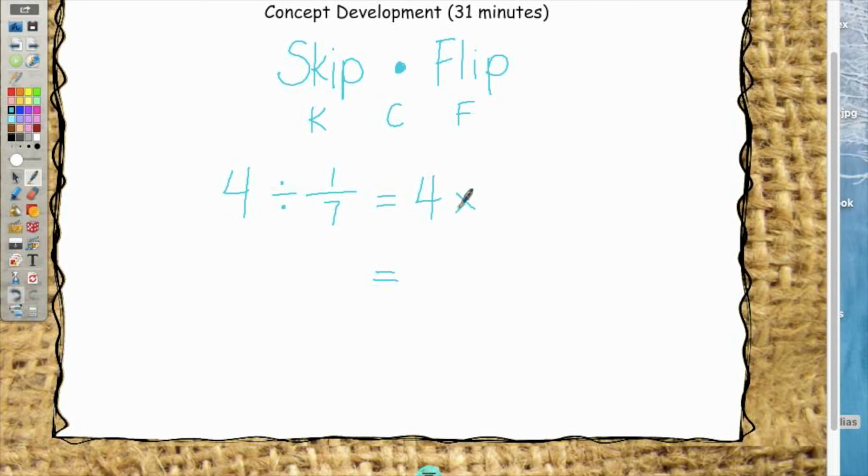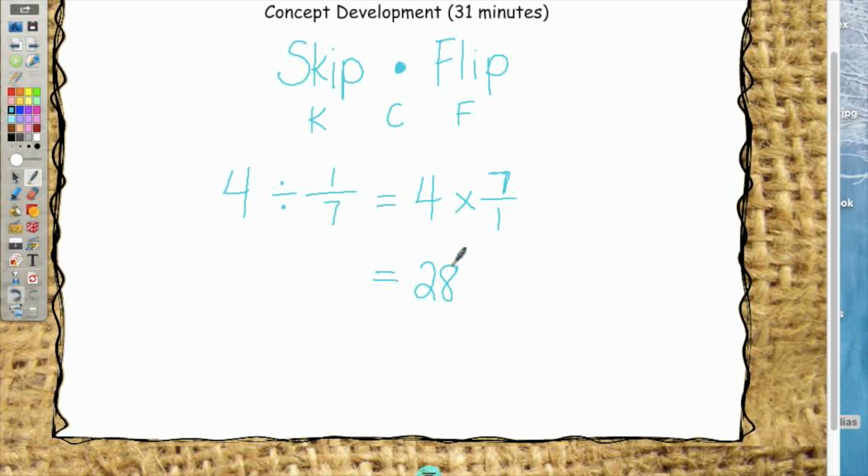Okay. And so, Lynn, what does flip mean? That means to change the 1/7 to 7/1. Good. So from 1/7 to 7/1. 7 divided by 1 is 7, right? So 4 times 7 is? 28. And you're done. Okay?